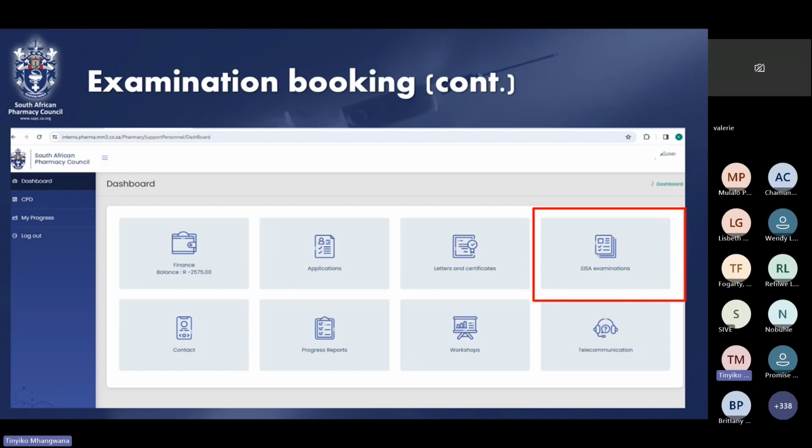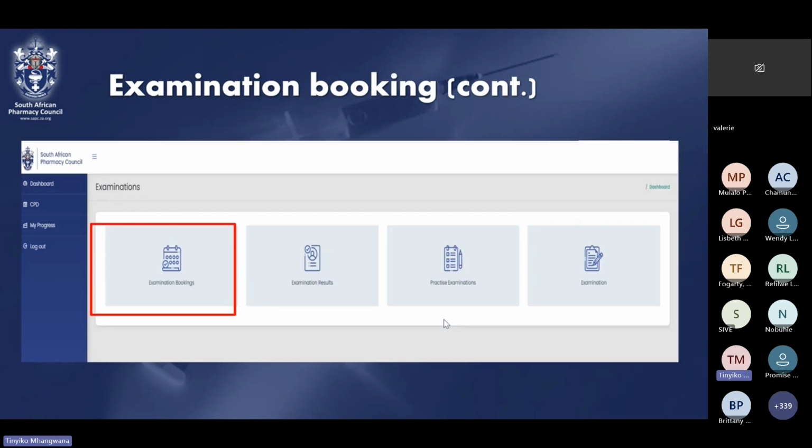When you have clicked on that tab, you go on to log in, not the top login, which is red, the bottom one. You will be able to see this screen. This is where you will land, and you will book your EISA where you see the red circle. That's where the exam booking happens. As soon as you have clicked on that, it will take you to the examination booking, examination results.